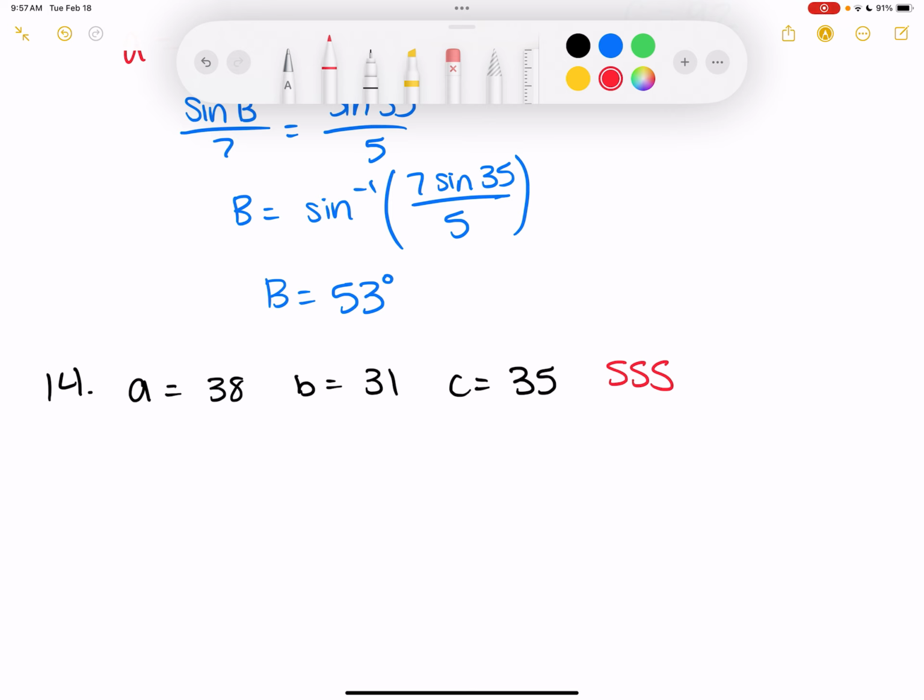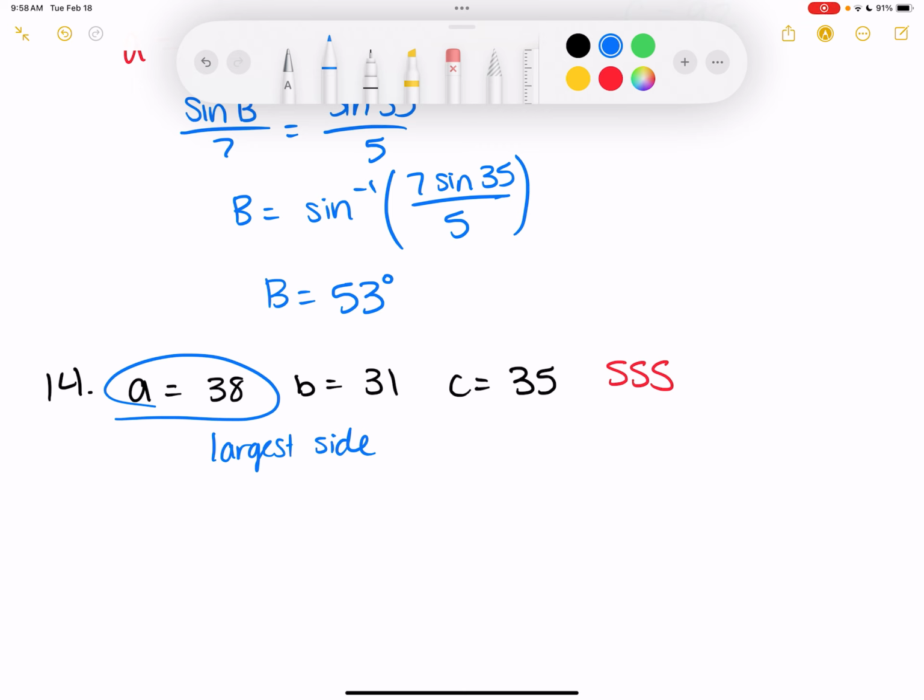This way, when you use the law of sines to find another angle, you will know it's between 0 and 90. So let's do the largest one first, angle A, because this is the largest side. But I think in the pre-cal book, there's still one where if you do the largest one first, it comes out wrong, which doesn't make any sense.